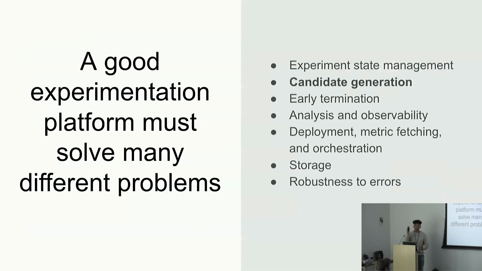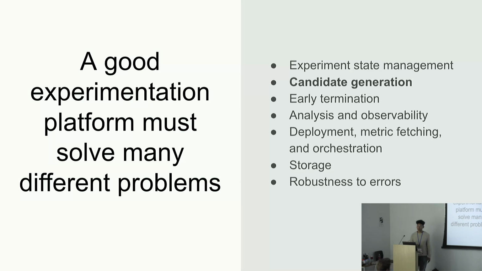There are many different things that our adaptive experimentation platform needs to solve. We really focus on candidate generation in this field, sometimes early termination as well, with things like Hyperband and ASHA. But there are all these tertiary things we need to worry about. We need to worry about managing the state of the experiment. We need analyses and observability, things like plots and tables.